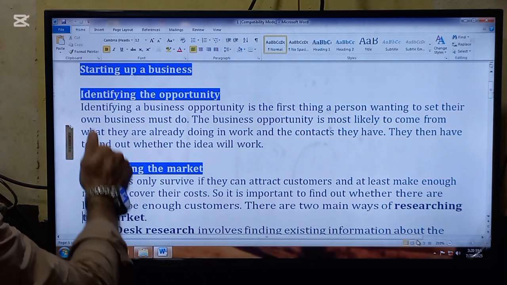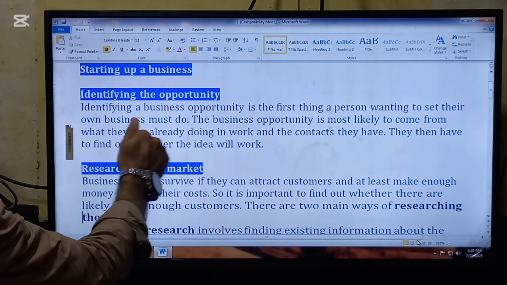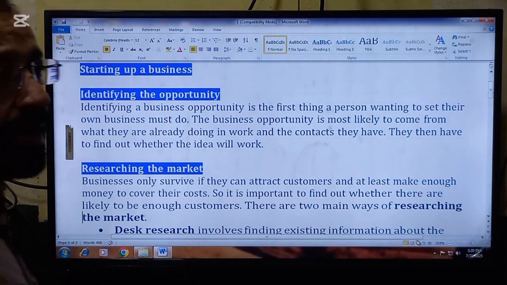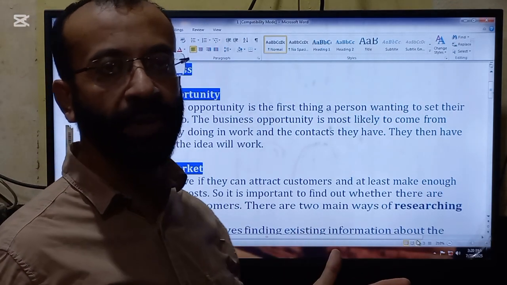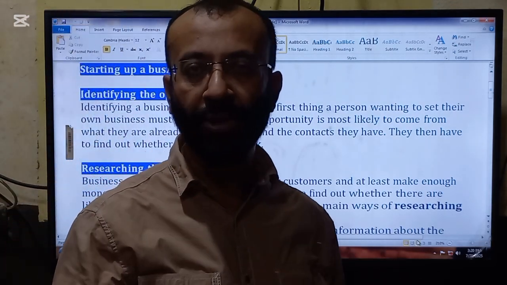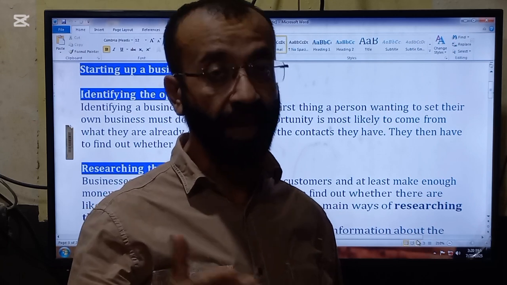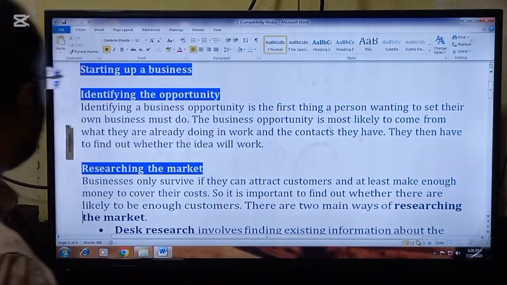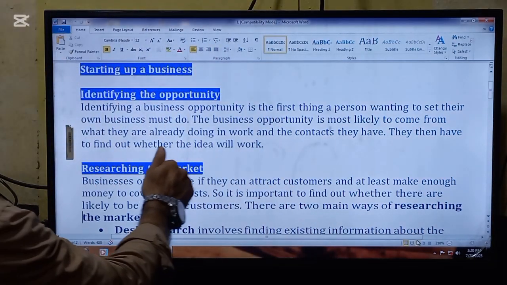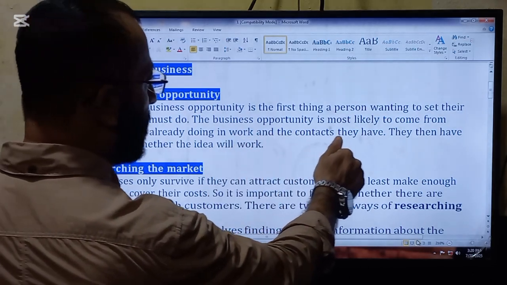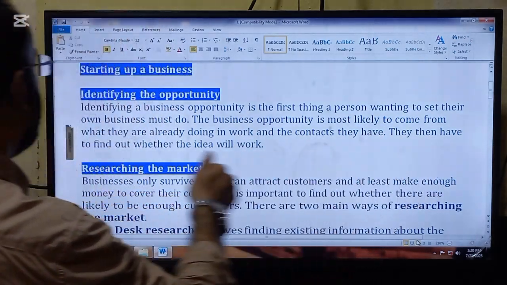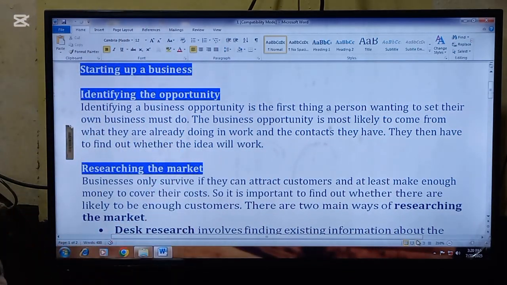The first stage in starting up a business is identifying the opportunity. If you have identified an opportunity in the market, you will be able to start up a business as an entrepreneur. Identifying a business opportunity is the first thing a person wanting to set up their own business must do.